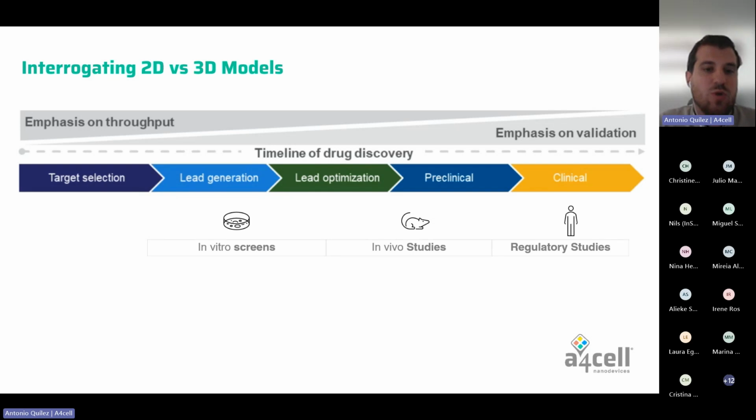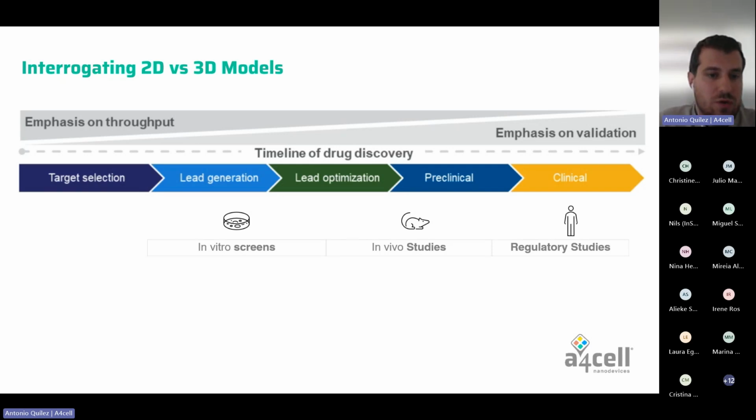So for this, we normally include in vitro screen in between lead generation and lead optimization, and then we wait for in vivo validation, and then to move on to clinical studies in the latest stages.